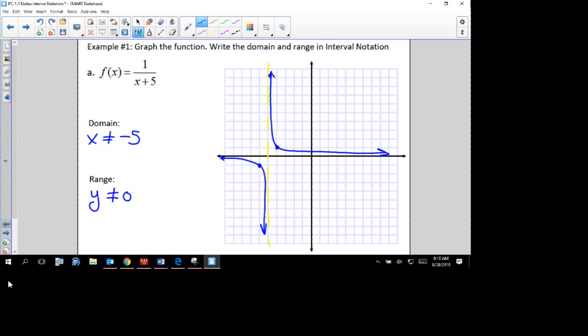So you want to pick values on either side. I picked numbers like negative 6 and negative 4, because those give nice, easy numbers. And you probably picked more, just so you have an idea of what the branches look like.